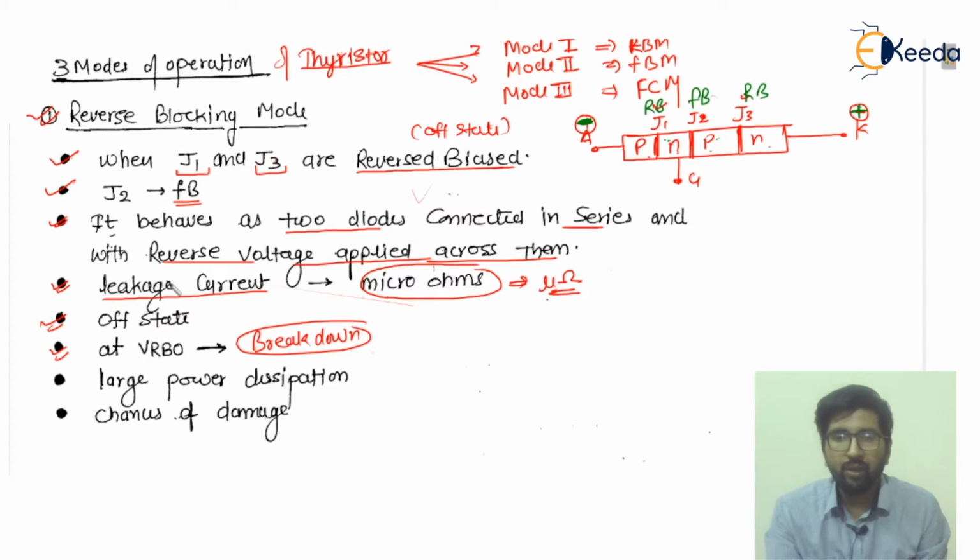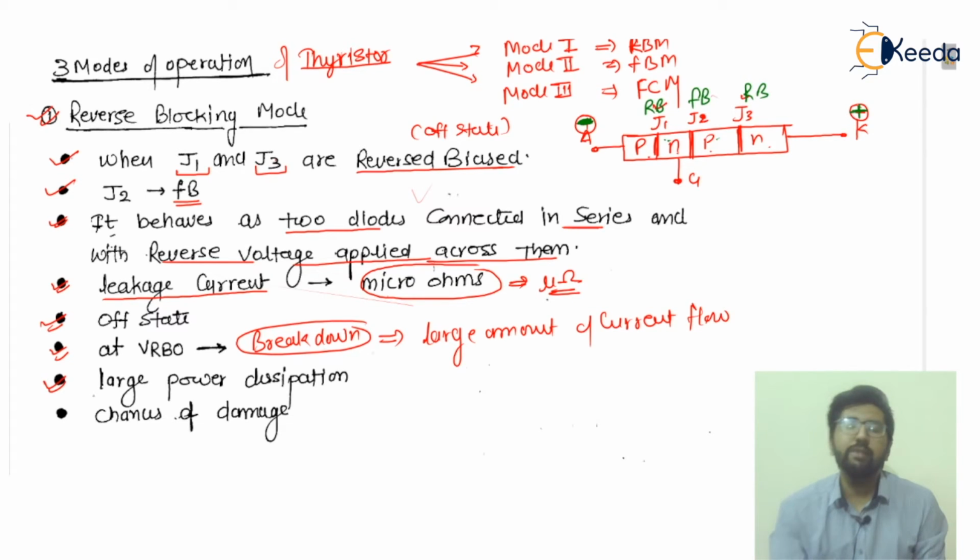Now if I talk about the VRBO, breakdown will occur and a large amount of current will flow. Okay guys, now if I talk about the large power dissipation, why is it written here?